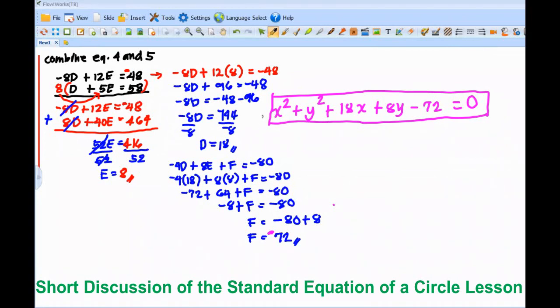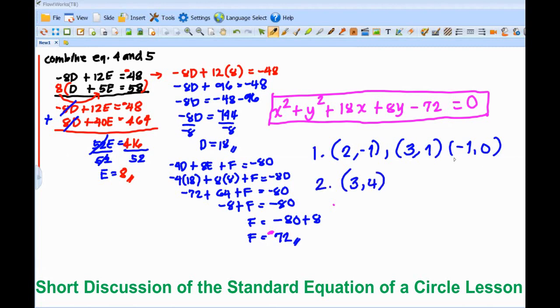For this, we have the points 2, negative 1, 3, 1, and negative 1, 0, 3, 4, 7, 2, 5.